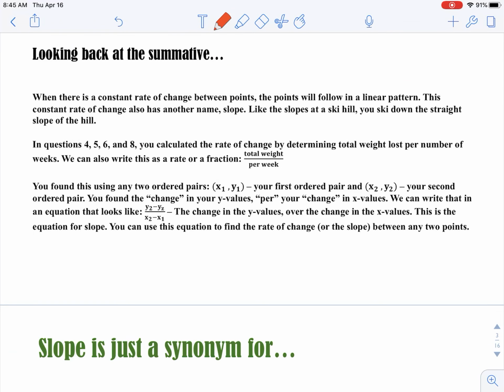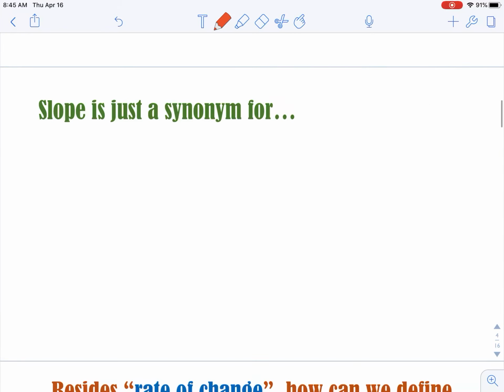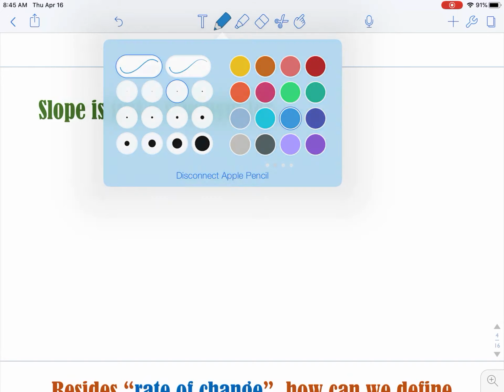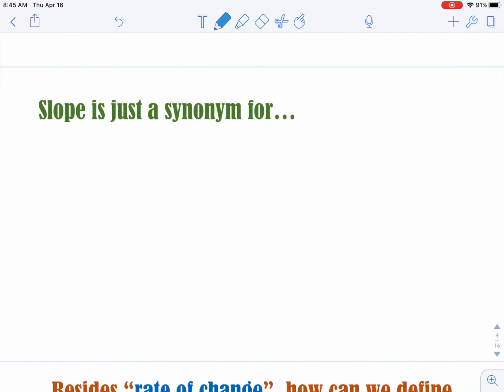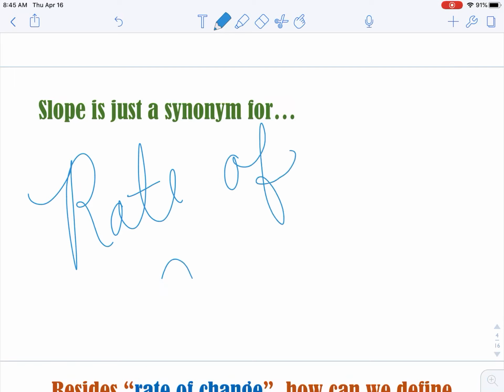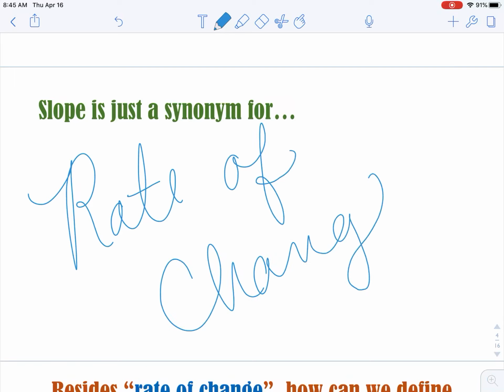Looking back at the summative, you read through and found how to do the slope equation. Hopefully this was a little bit helpful. If it's not, we're going to go through it more right now, but this is what you did in the summative. So by this point, you should know that slope is just a synonym for rate of change.